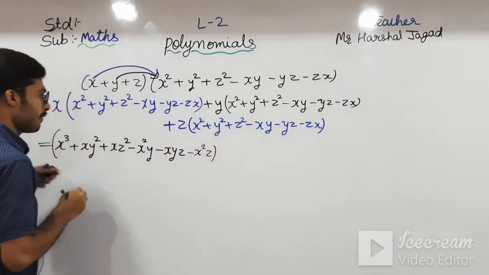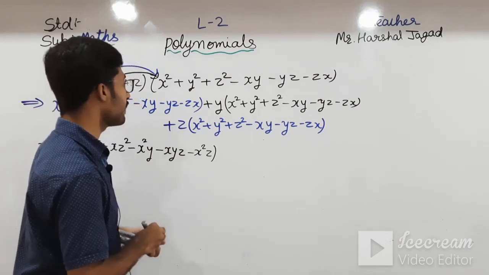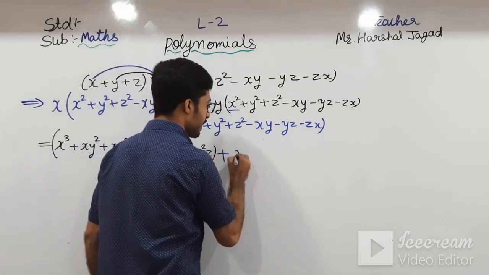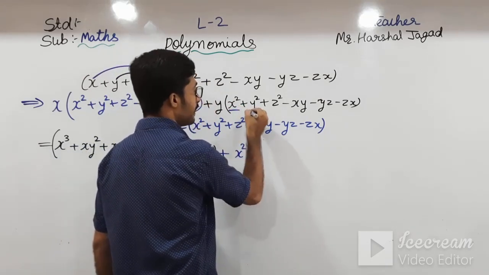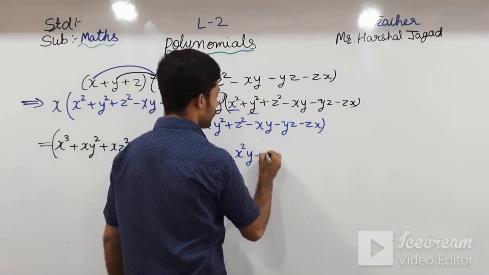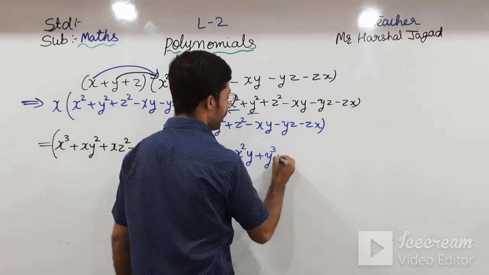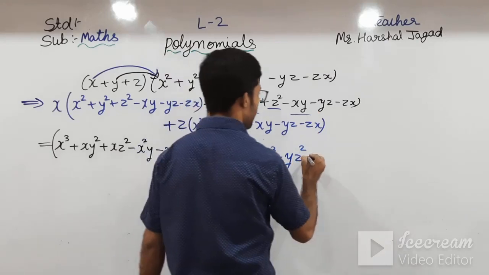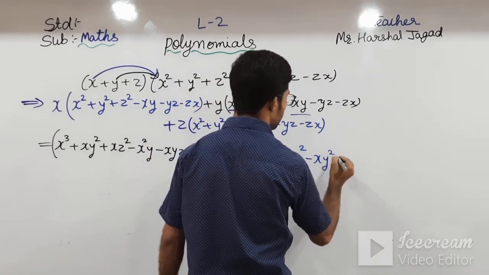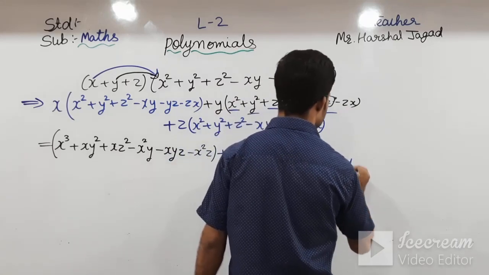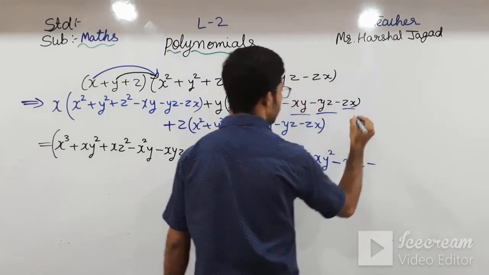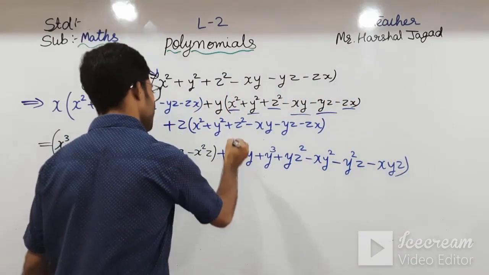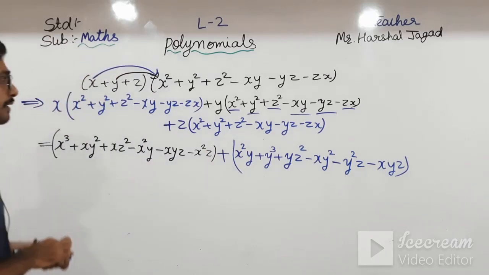So this is our first bracket. Then plus, now we'll multiply with y: x square y, then with y square, so plus y cube, plus yz square, then minus xy square, minus y square z, minus xyz. So this is our second bracket which we have multiplied with y.